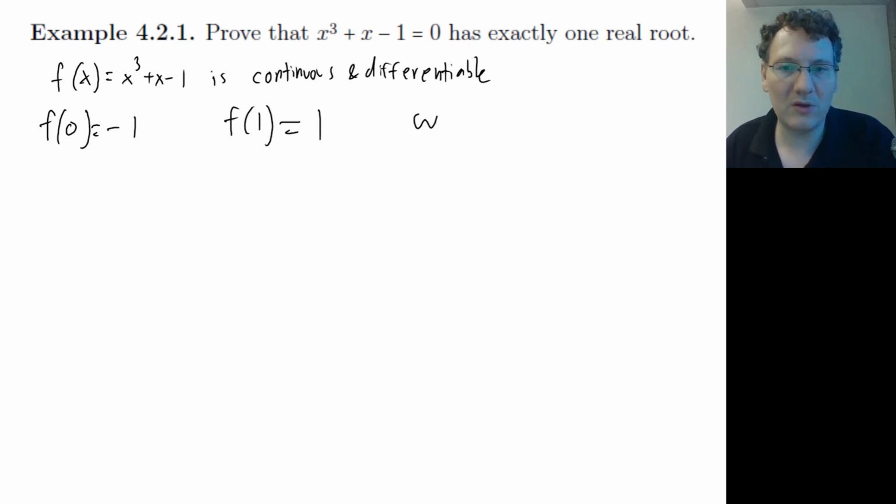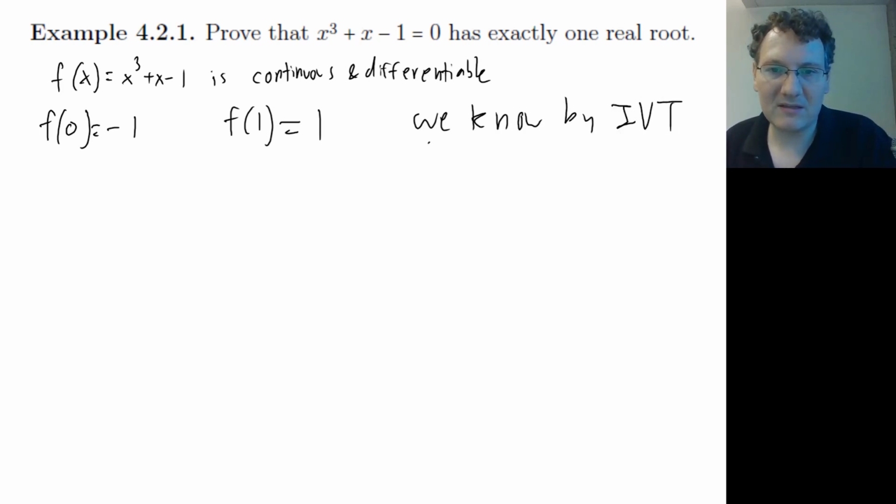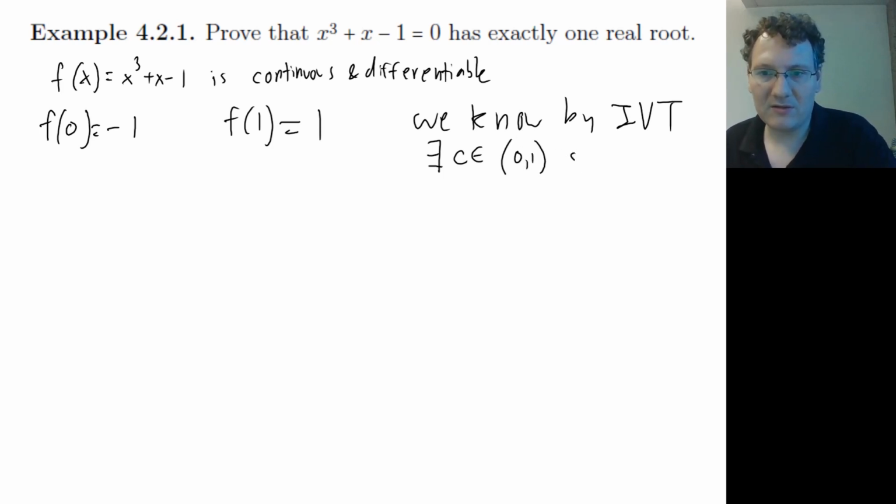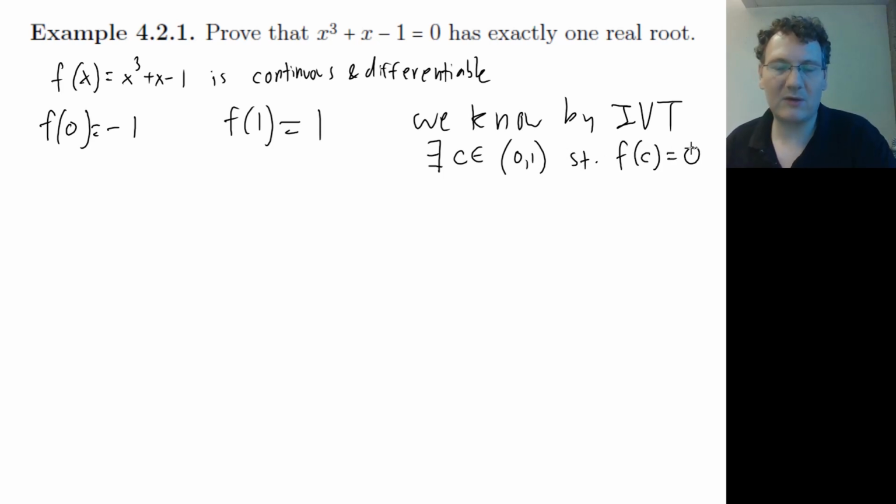So by the intermediate value theorem, there exists some c in the open interval from 0 to 1 such that f of c equals 0. We know that there has to be at least some root, because this thing goes from below the x-axis to above the x-axis.